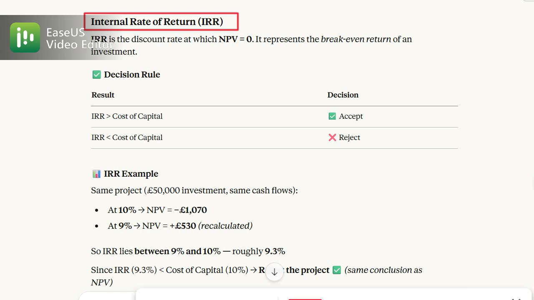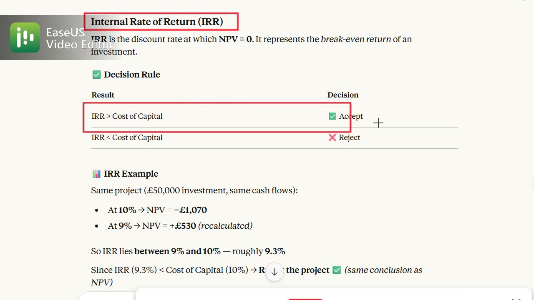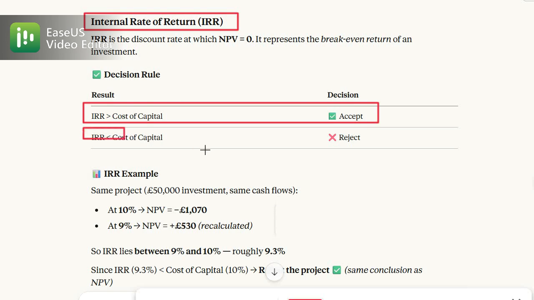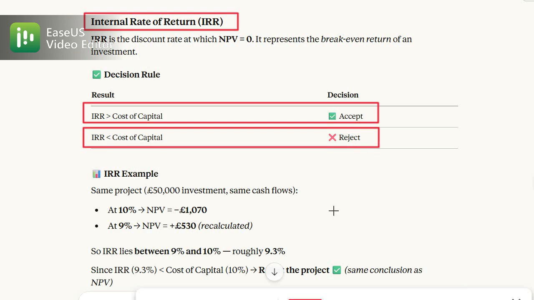In simple words, it is the break-even percentage return of your project. If the internal rate of return is greater than the cost of capital, then you accept the project. If it is less than the cost of capital, then you reject it.